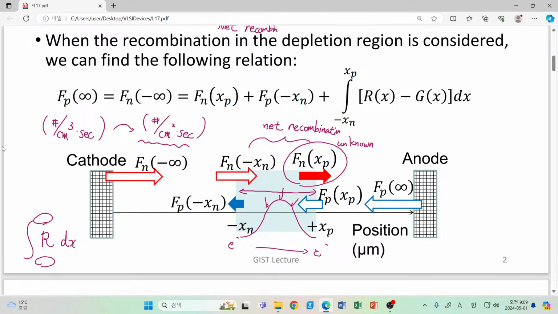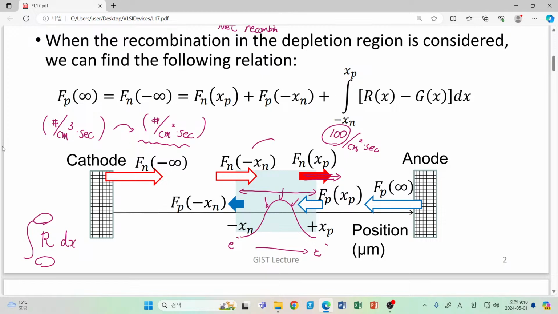So now let's think about some strange numbers. For example, here we know that every second 100 electrons are passing through this position.